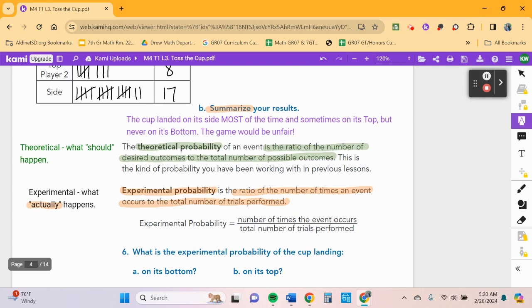Off to the side, I simply put: theoretical is what should happen, and experimental is what actually happens. And here is the formula: the number of times the event occurs, how many times it actually occurs, over the total number of trials performed.